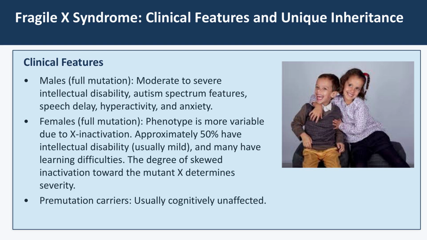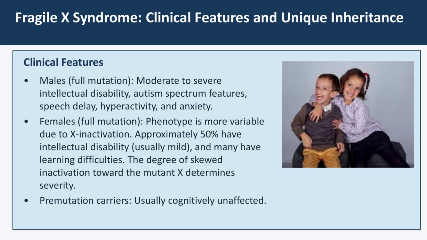Females with full mutation show more variable phenotypes due to X inactivation, with about 50% experiencing mild intellectual disability and learning difficulties. The degree of skewed inactivation of the mutant X determines severity.